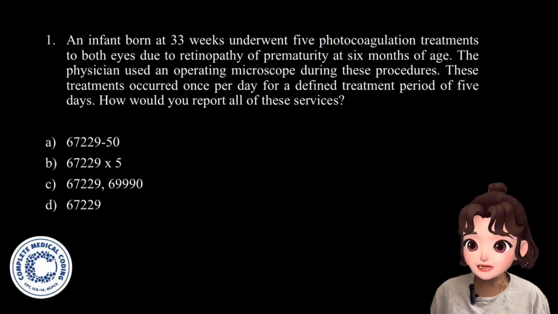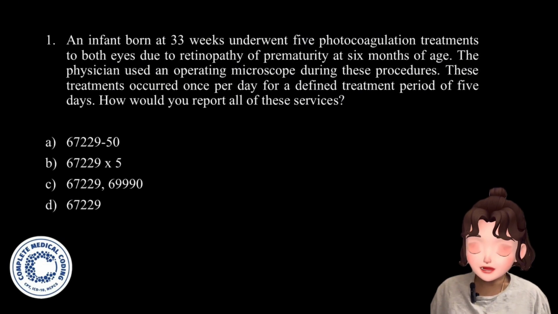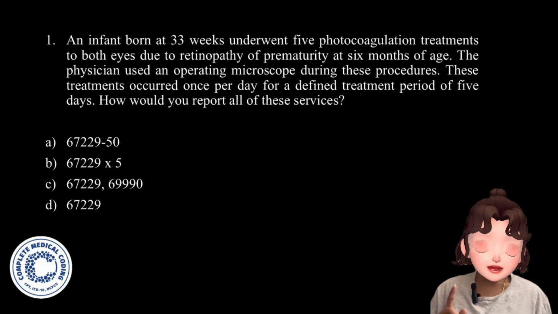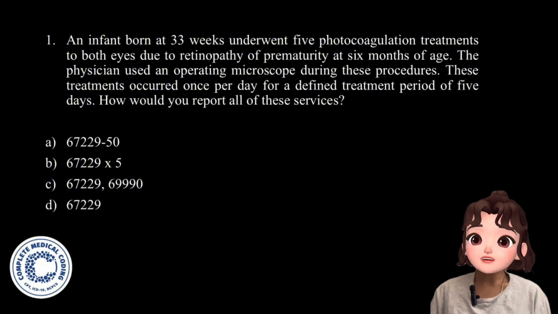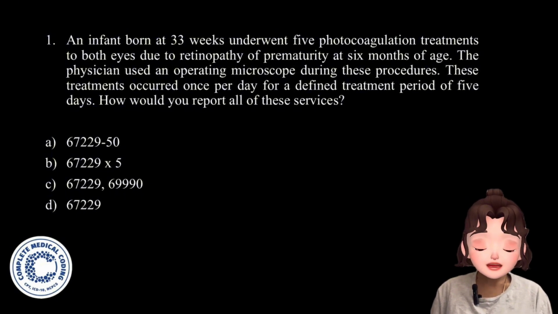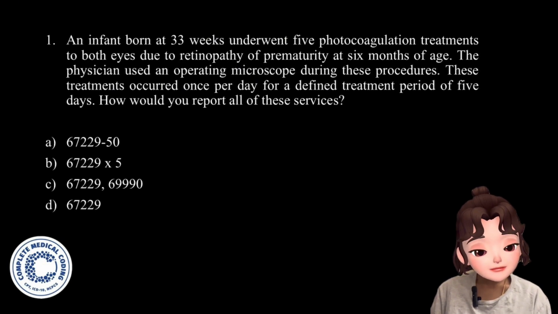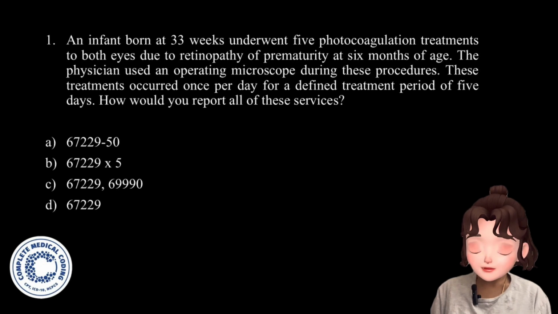Now option C, 69990. What is 69990? That is the code for operating microscope. But go and check, there are a few codes which should not be used along with 69990. So check if our code is present there or not. If you go to 69990, it says do not report 69990 in addition to procedures where use of the operating microscope is an inclusive component.